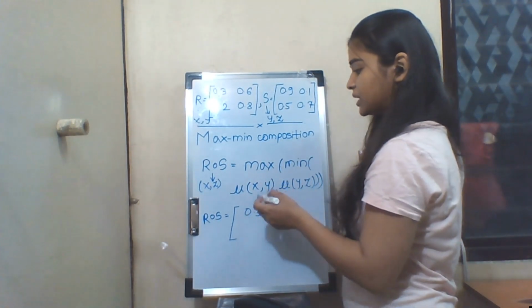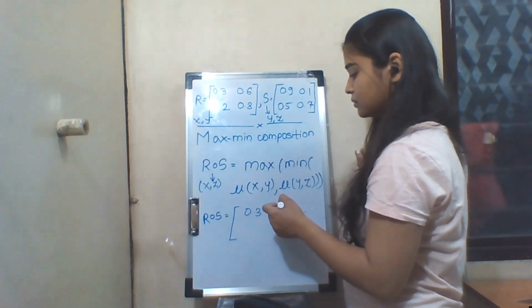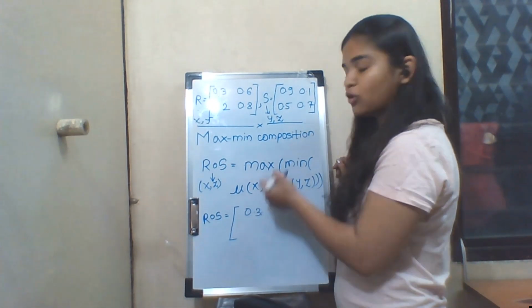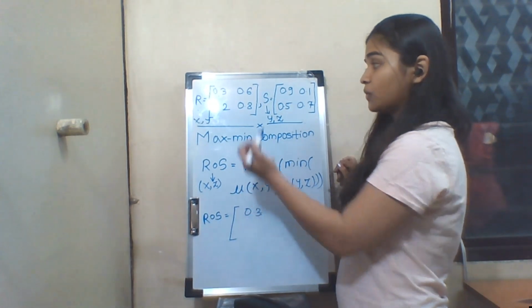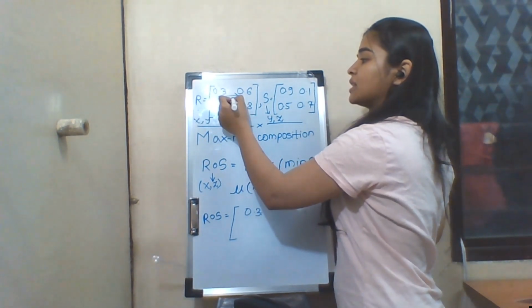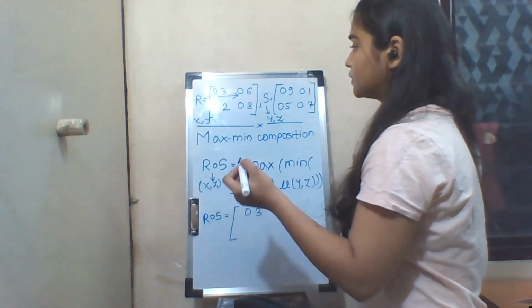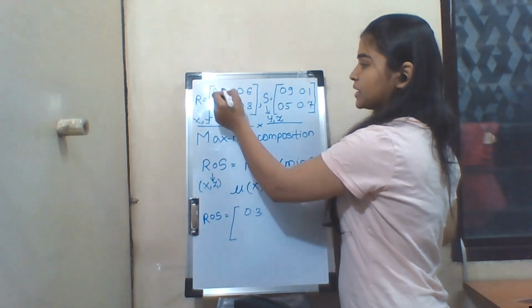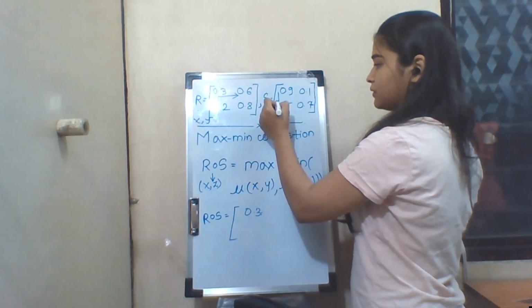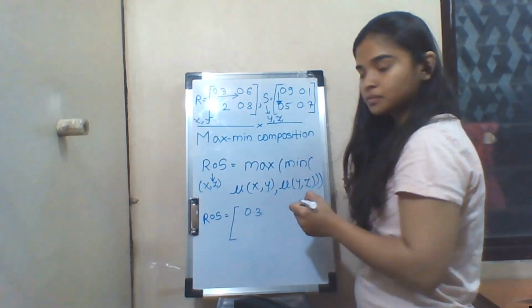And again, this is only one element. How can we perform the max operation on this? So we continue to go row-wise in R. After 0.3 we go to 0.6, and after 0.9 we go to 0.5.